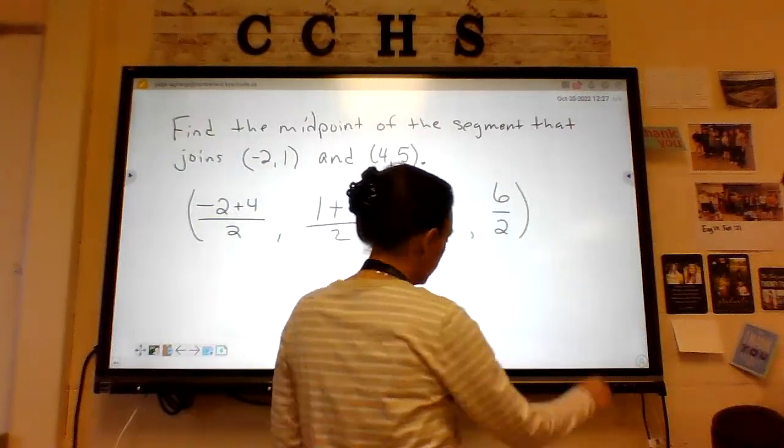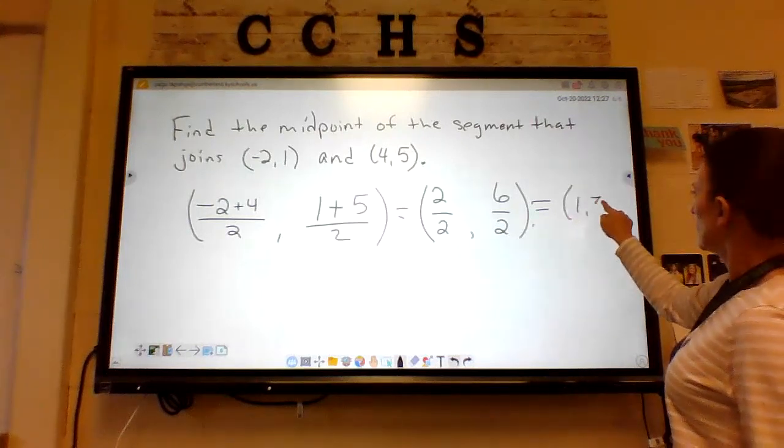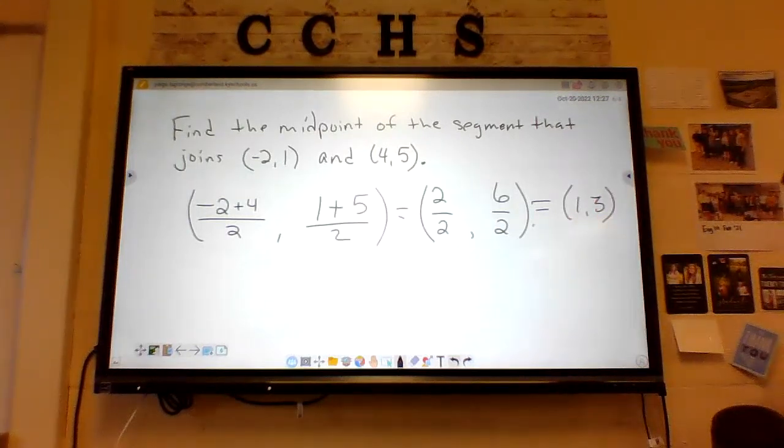And let's simplify. So that equals (1, 3). So that's where the midpoint of that segment is. Yes? All right. We okay? Good.